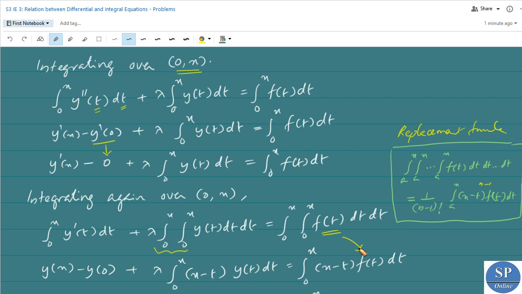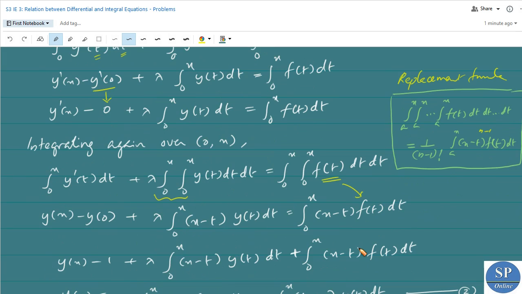Clear. So from this, the initial condition y of 0 equal to 1 is given. So we replace that. So y of x minus 1 plus lambda into x will give this.